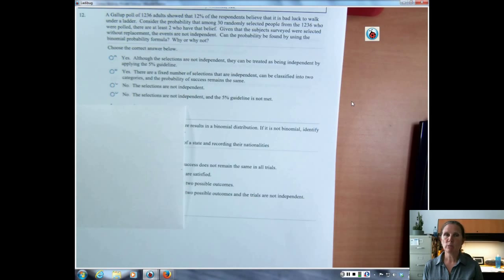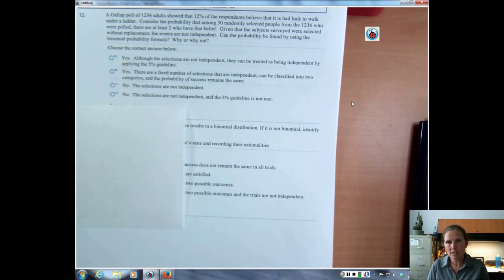Well, we can use the binomial probability formula even though we did not replace, because when you draw people out of a group and you don't replace them, now you've affected it, like, okay, there were 1,236 people and now there's only 1,235. But there is a rule that says if the people you pick are less than 5% of the total population, it's not really going to affect anything because it's still such a small change percentage-wise.